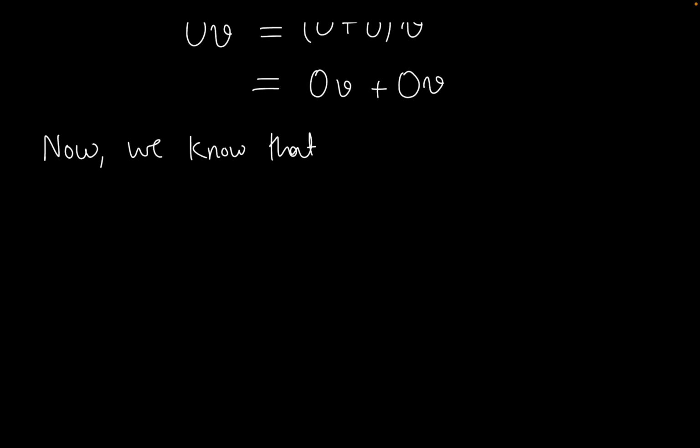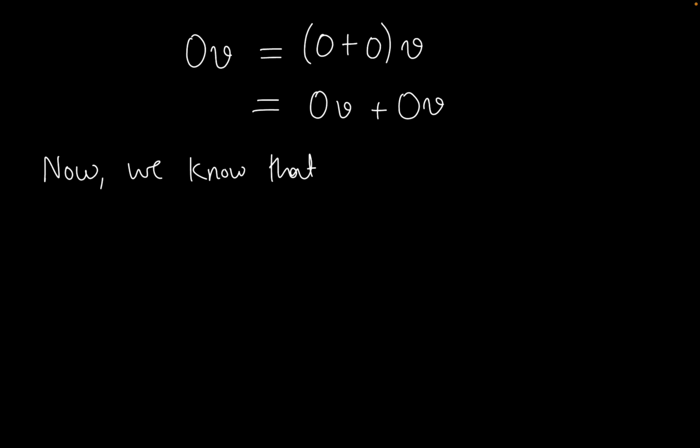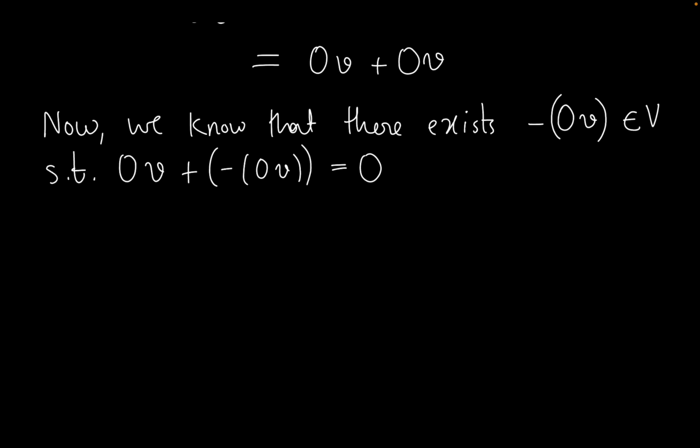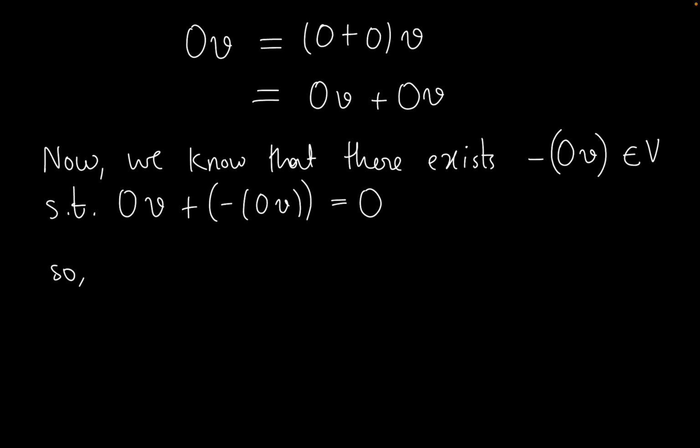Now we know that there exists negative 0v, is what we're going to call this, in V, such that 0v plus negative of 0v is equal to the 0 vector.